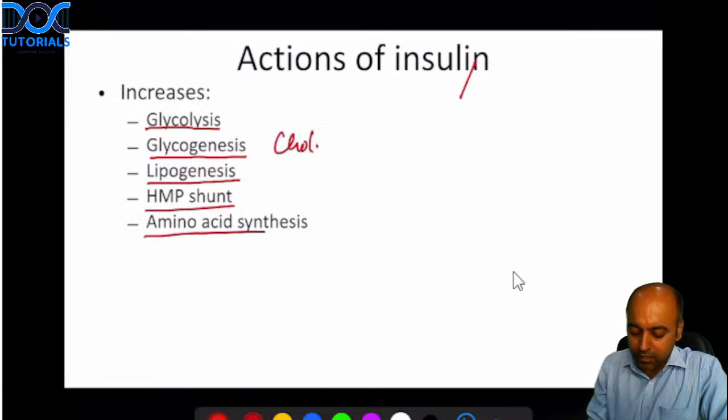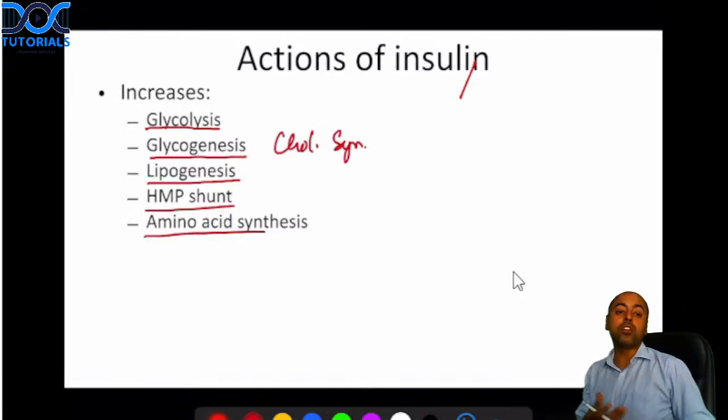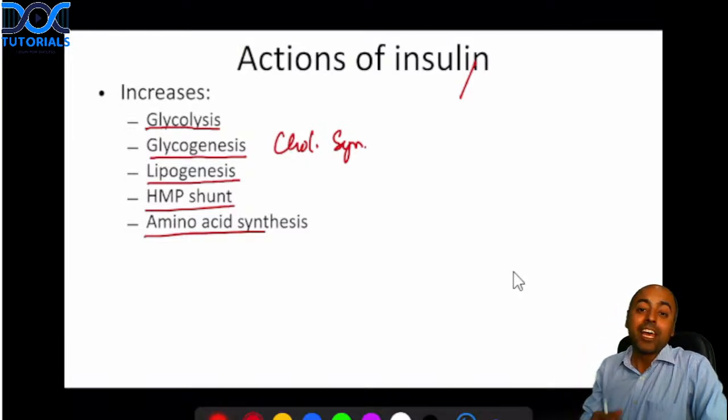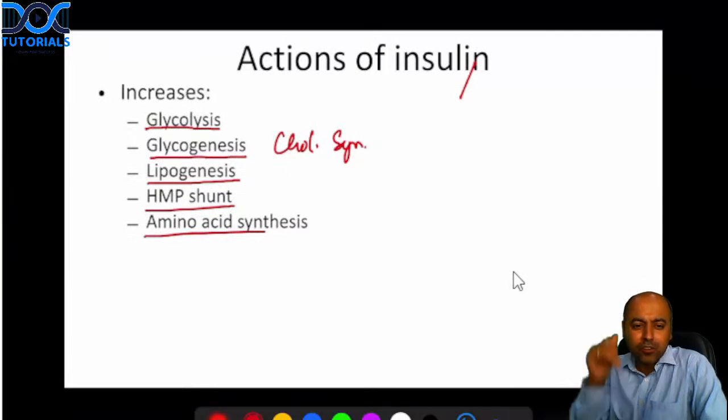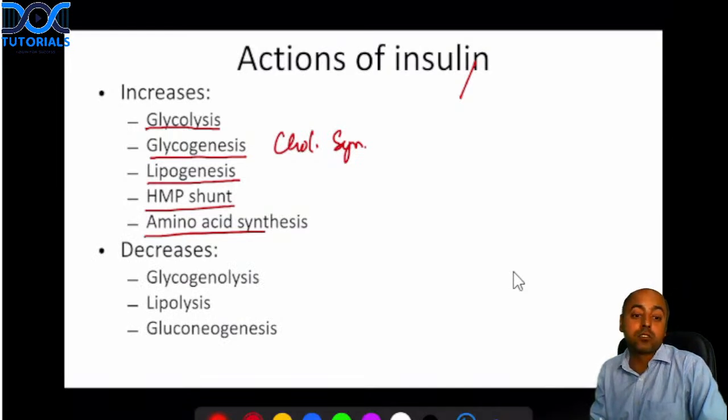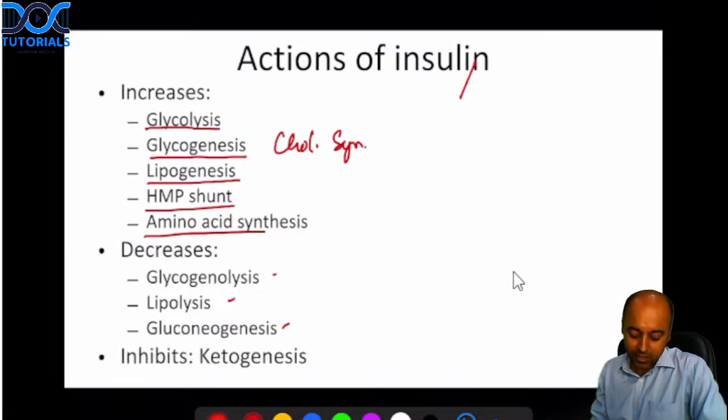You can also add cholesterol synthesis. All these pathways will be activated when insulin is there. Any pathway which generates a fuel, whether it is glucose or the ketone bodies, will be downregulated by insulin. Means glycogenolysis, lipolysis, gluconeogenesis, and even ketogenesis, all of them are negatively affected by insulin.